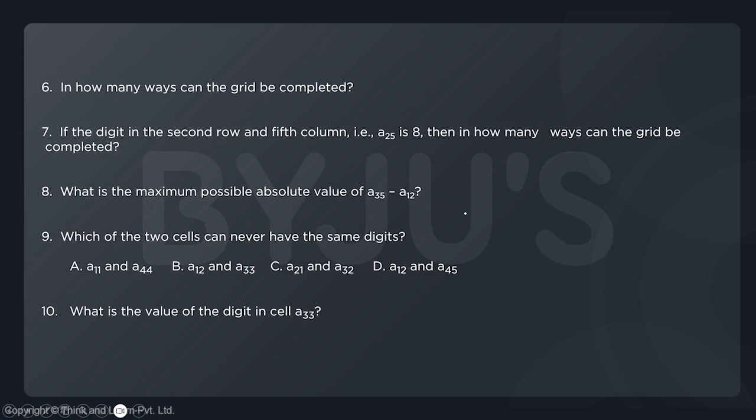If the digit in second row and fifth column is 8, then how many ways can the grid be completed? Since it starts with if, it means definitely we are going to have caselets. What is the maximum possible value? Absolute value, that means again cases. Which of the two cells can never have the same digits? Again cases. What is the value of digit in cell A33? So this one is a definite one. So at least we will be able to answer one of the 5 questions.